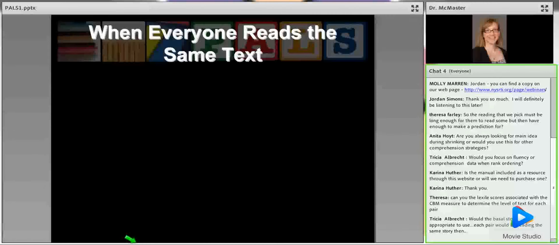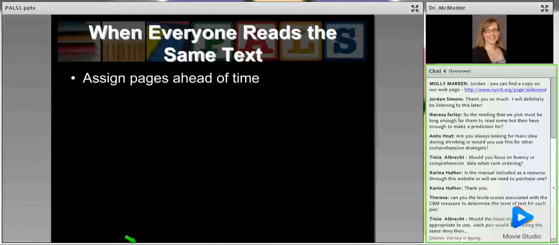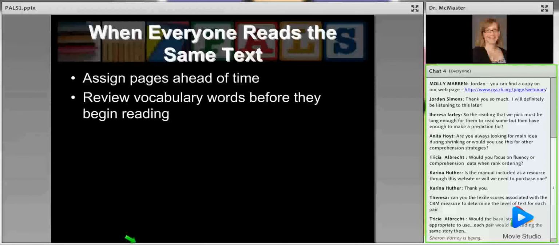And if you are reading the same text, to get back to the Basil point, what I would say is assign pages ahead of time so students know what to read, and so you can keep the whole class together. Maybe review vocabulary words before they begin reading, so if you do have some diversity of background knowledge and vocabulary skill in the class, at least this can help get kids on somewhat of the same page.